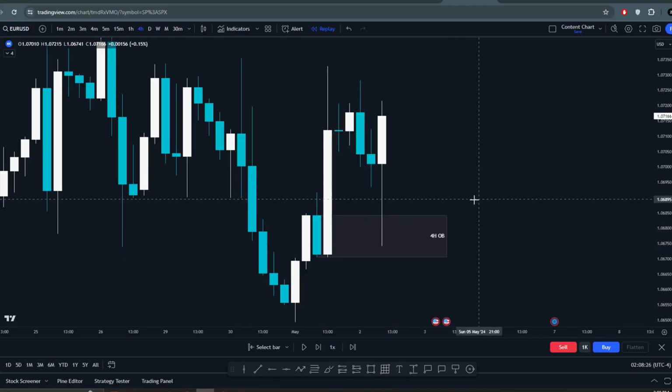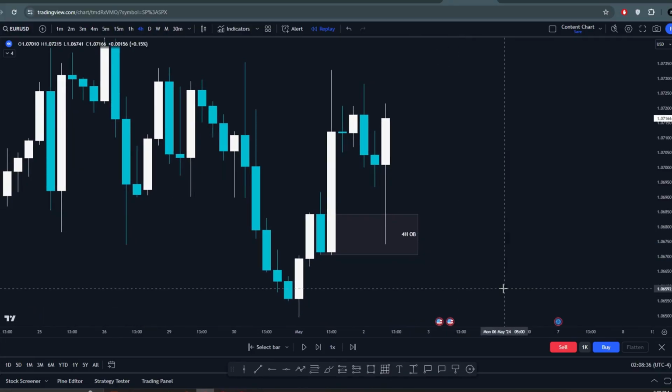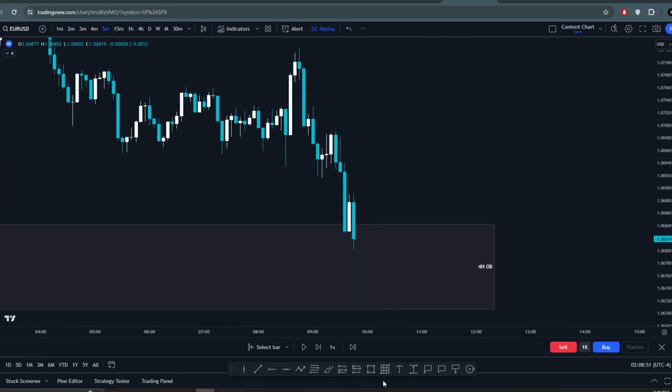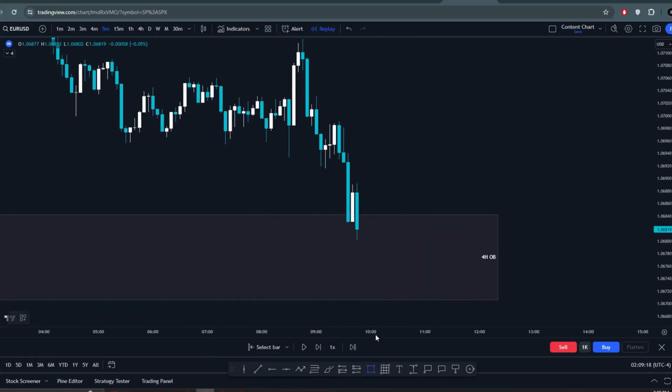This order block should be respected. So let's go on to the lower time frame. At lower time frame, we can see bearish price action. When we are bearish, we want to see down close candles. When we see an up close candle, we want to see price respect that up close candle. As we can see right here, we have an up close candle.